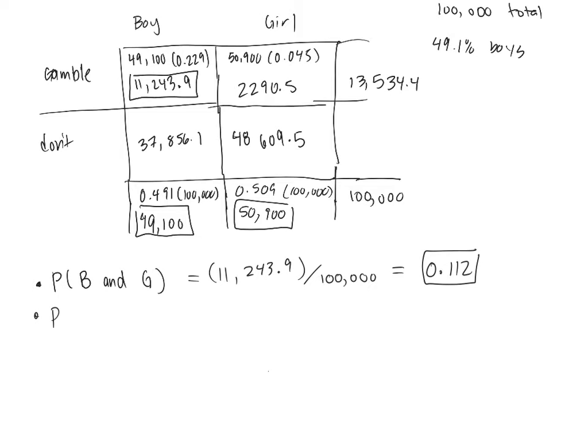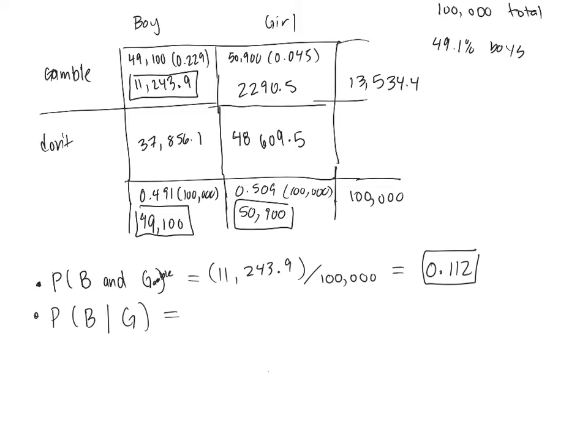How about boy given weekly gambler? You gotta be careful there because a G can also represent girl. You're right. That would definitely be 0 in most cases, right?